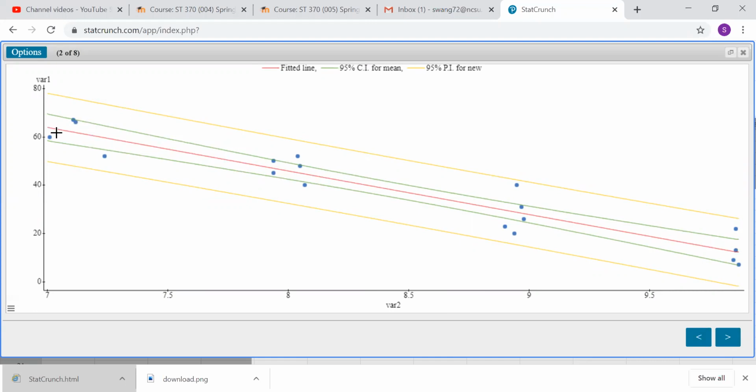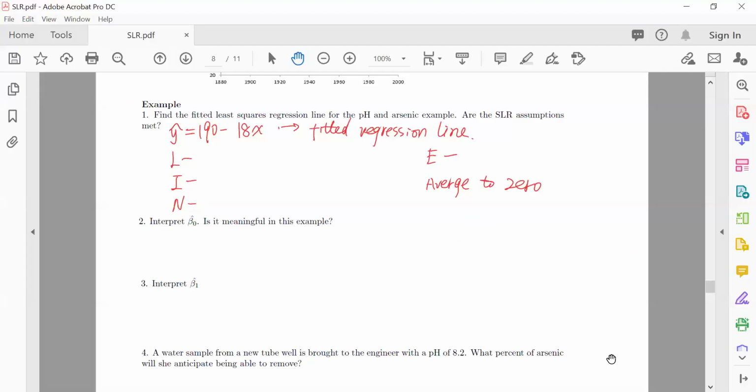It seems like, yeah, it's a reasonable linear relationship between your x and y, right? So for the linear assumption, yes, this is observed by the scatter plot.